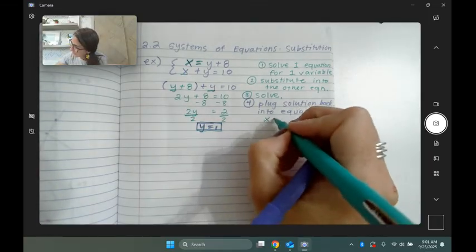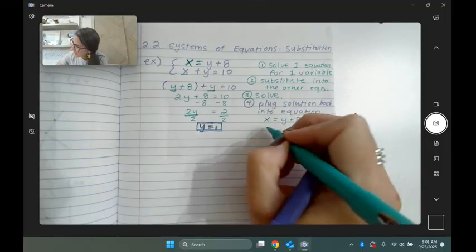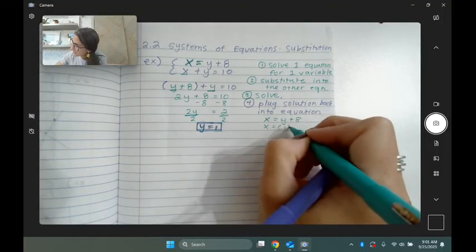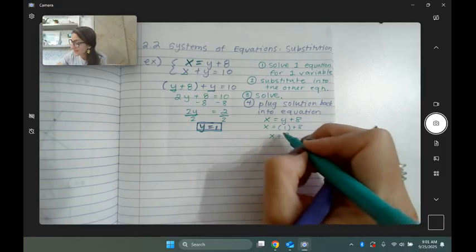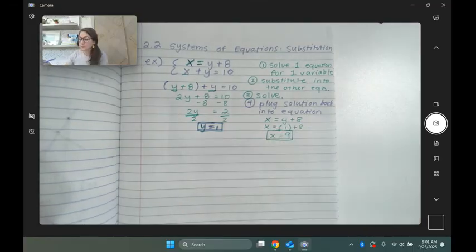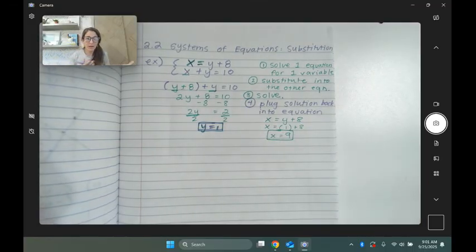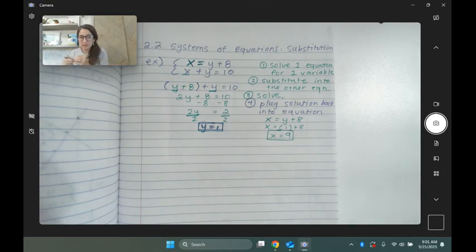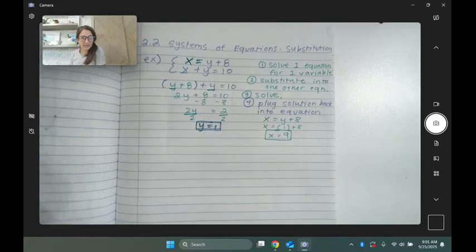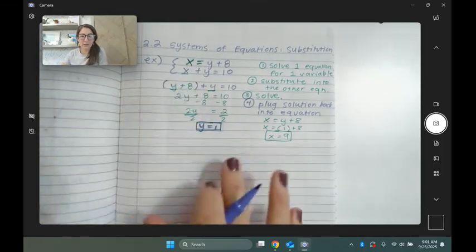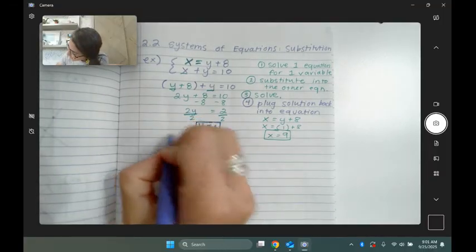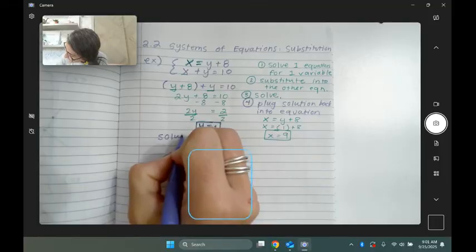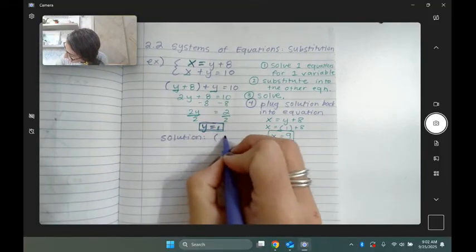So this would be x equals y plus 8, but instead of y, I'm going to write what y is equal to, 1 plus 8 is 9. So that's your solution. X is equal to 9 and y is equal to 1. I want to write my answer in a coordinate point because it's all related to graphing. Think about if we were to graph these two, this is where the graphs would cross. So your solution is the point (9, 1).